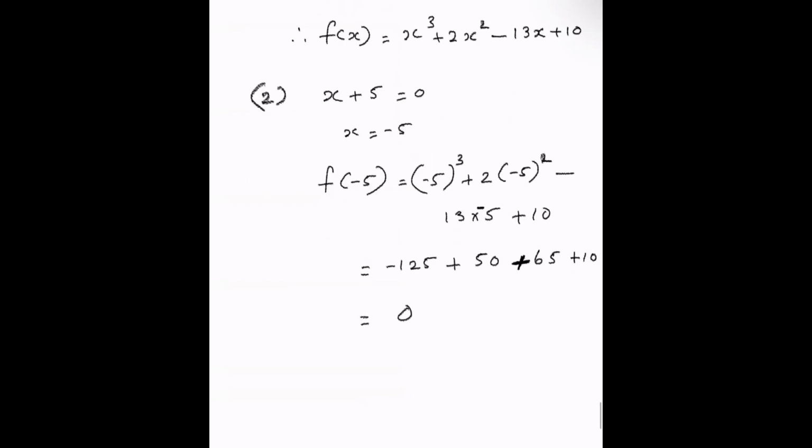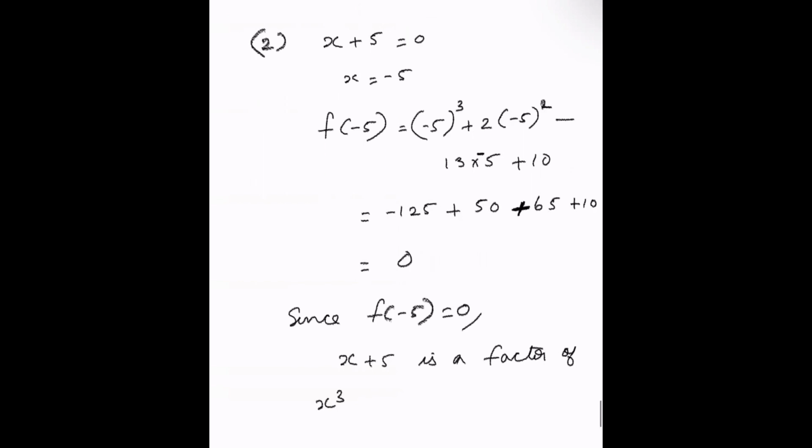So this will be 0 because negative 125 plus 125 is 0. So therefore, since f of negative 5 equal to 0, x plus 5 is a factor of x cube plus 2x square minus 13x plus 10.